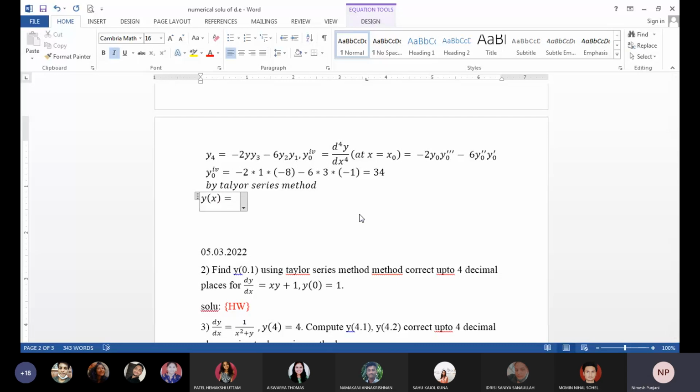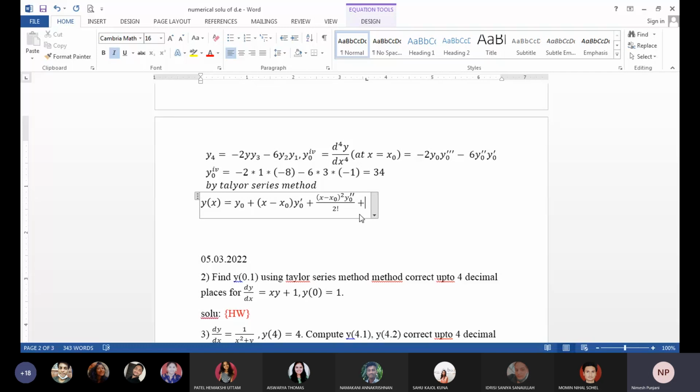After that we will do the substitution. Because as I told you, writing down the formula is an important part, not with respect to getting marks, but it will save you from losing your marks. This is what I'm just writing down, the formula.